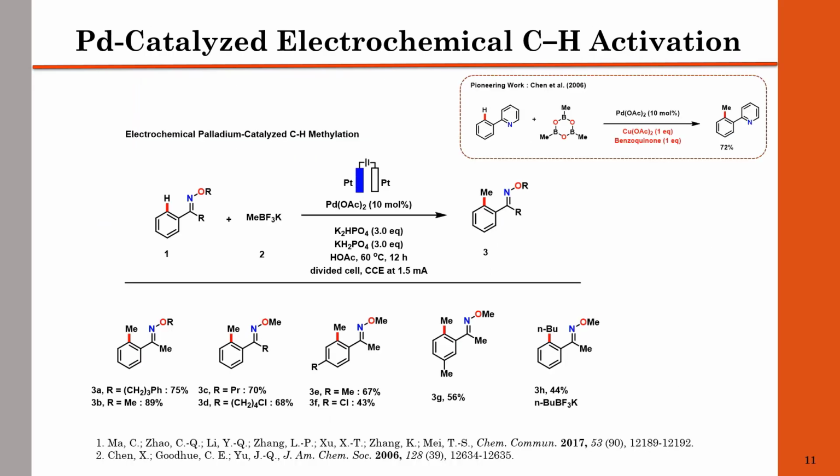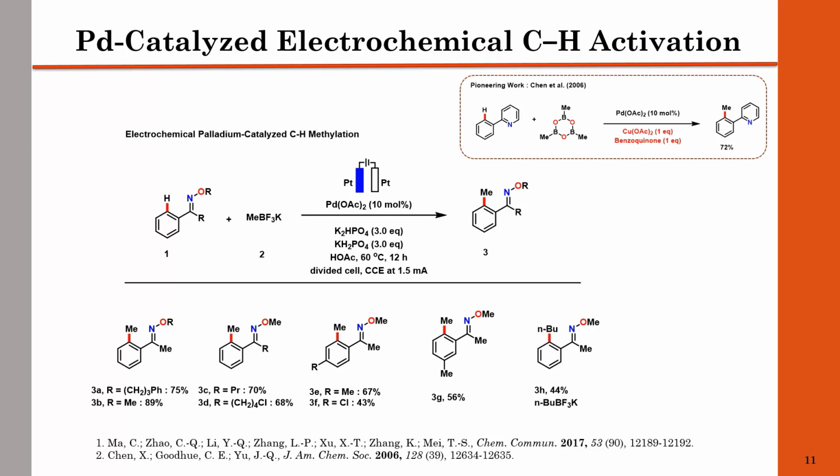With that, the next example is again a palladium catalyzed CH functionalization, but here they have done CH methylation with electrochemistry. In this system they don't have any chemical oxidant, whereas in the previous slide, as I mentioned, they used a catalytic amount of chemical oxidant. They demonstrated a bunch of substrates with higher yield.